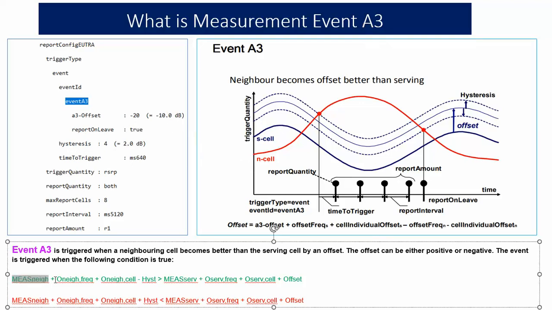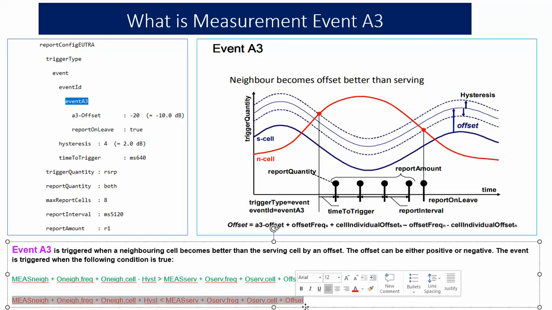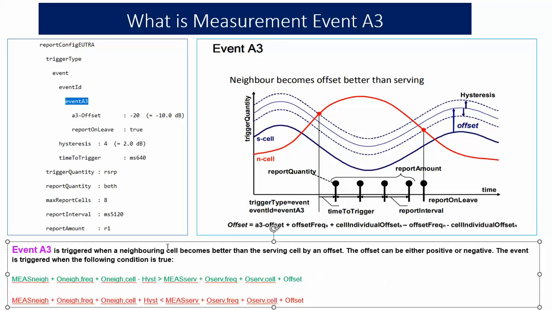So we can put all this in this formula, and when we meet this condition, event A3 will trigger.